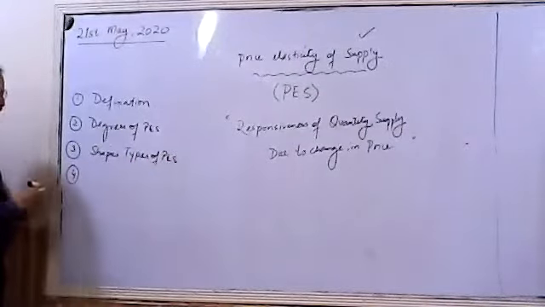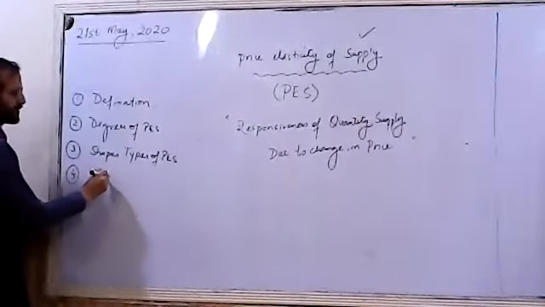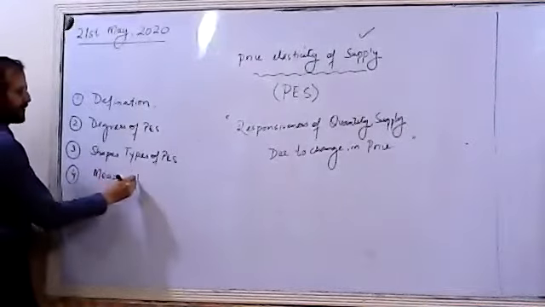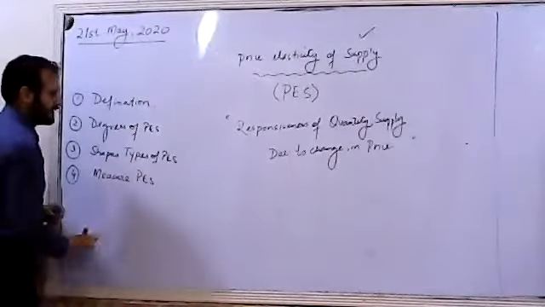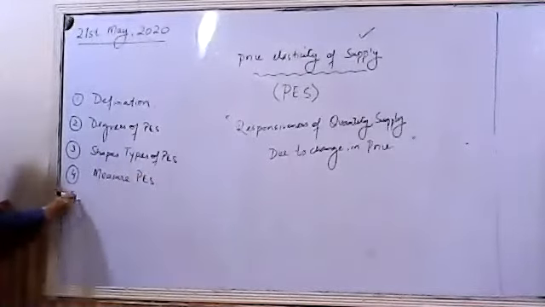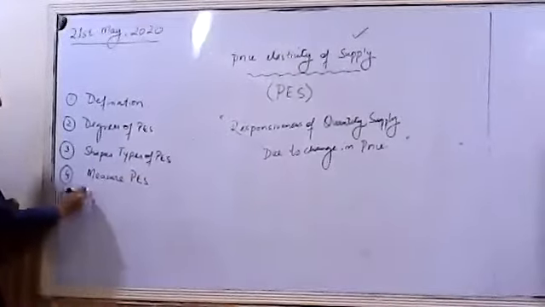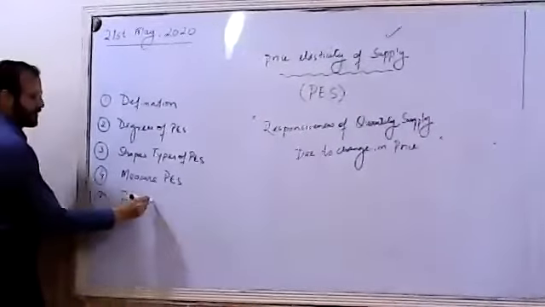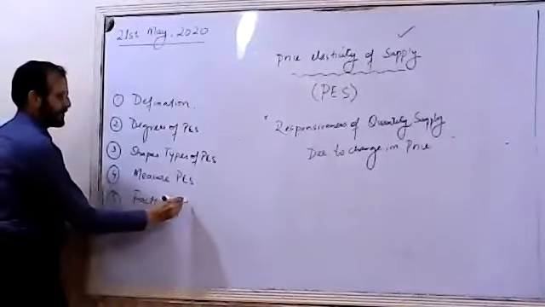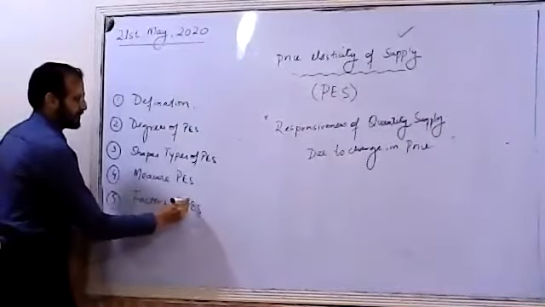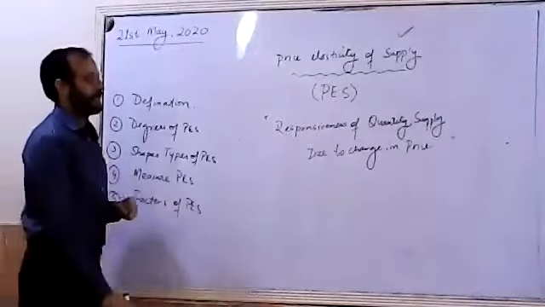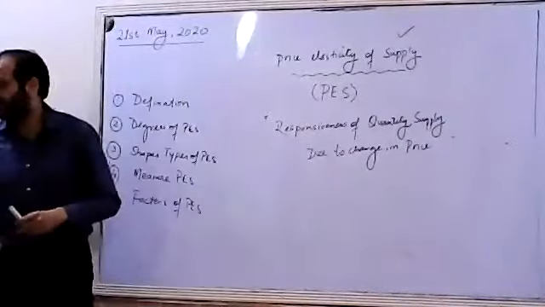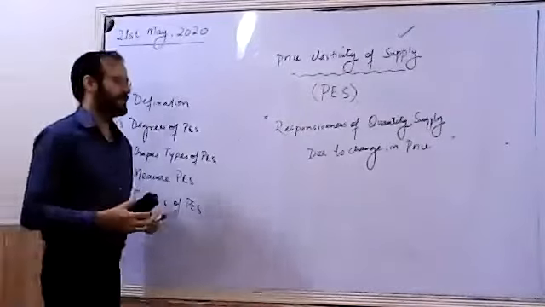We are going to find out how we could measure price elasticity of supply. And the last but not the least, what are the factors that could determine elasticity of supply. So let's see all the objectives one in turn.